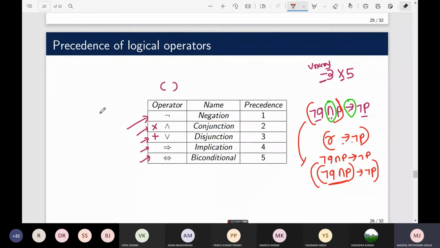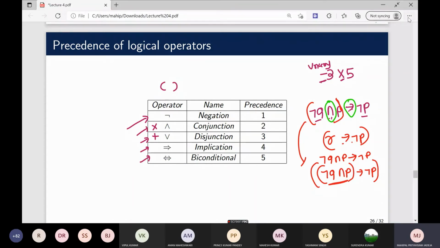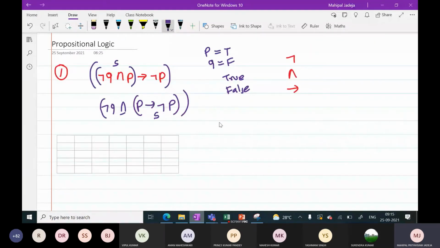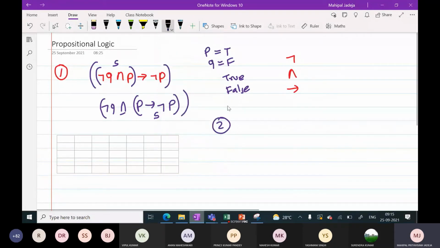So now let's consider how this will be useful where we are trying to design truth tables. Let me give you one compound proposition, and let's say we want to write down the truth table for this proposition.